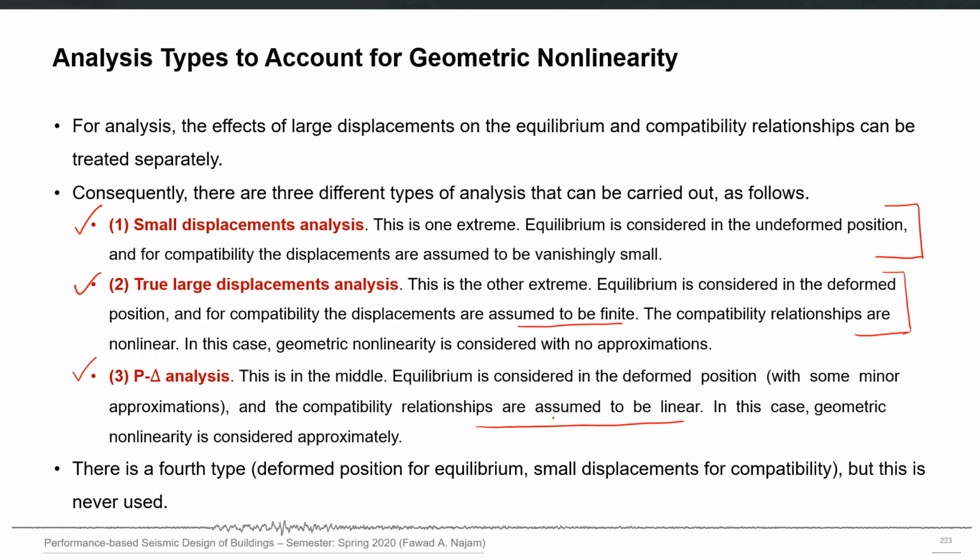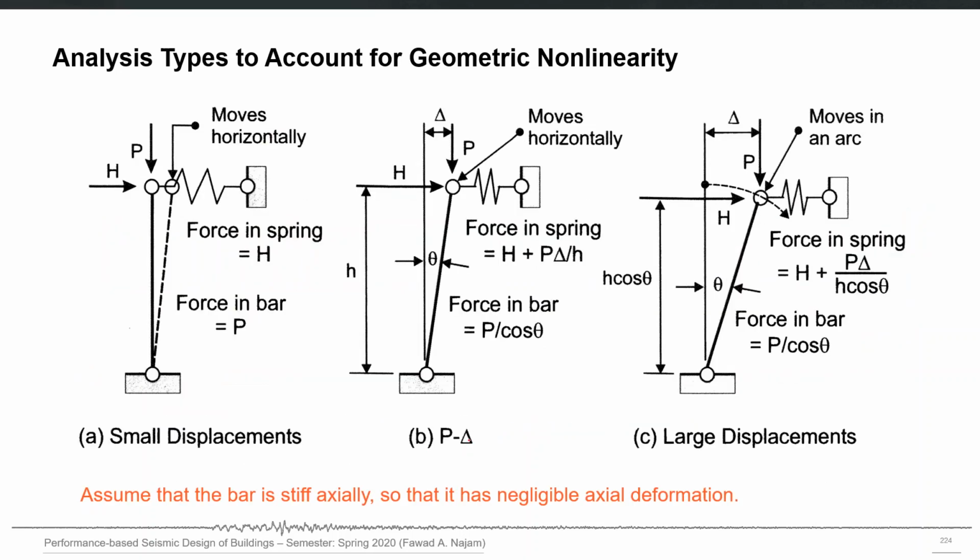In this case, the geometric nonlinearity is considered approximately, which means that you consider some of the effects of geometric nonlinearity, but for other effects you invoke some assumption. So I will highlight the difference between these three analysis procedures and their results using the same example which I have shown earlier also.